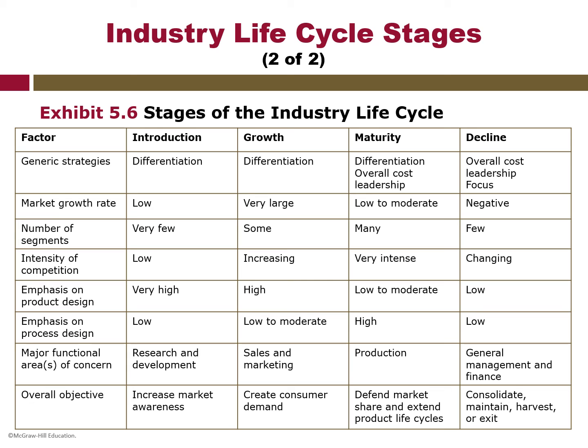When it comes to maturity, the major functional area is production, because we have maybe already received so many orders, so during maturity we need to focus on production. All right, and in the decline stage, general management and finance need to be taken into consideration, and their function is one of the areas of concern.